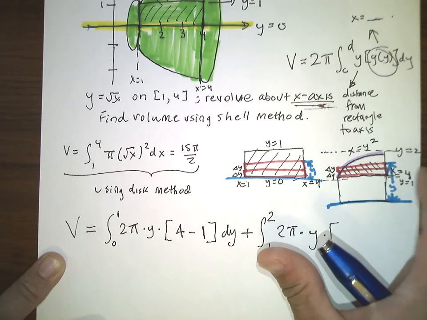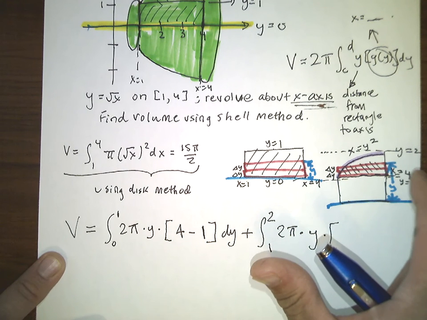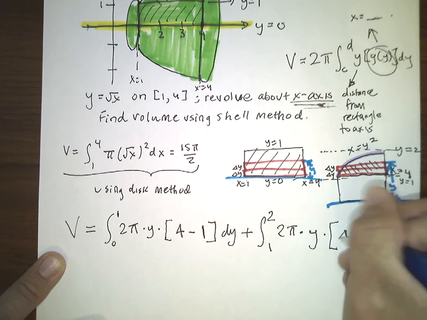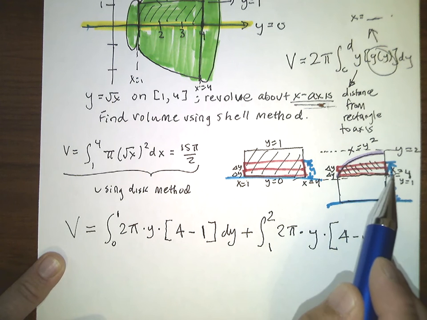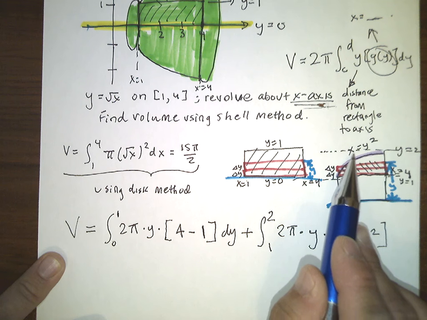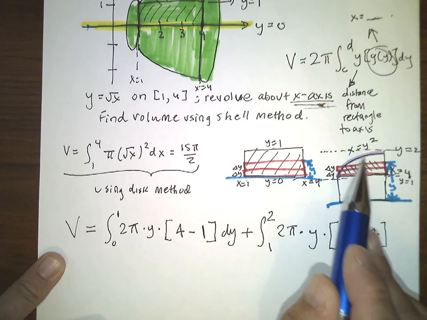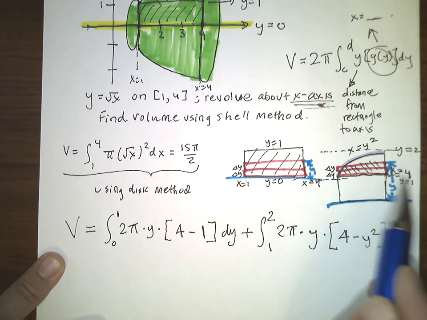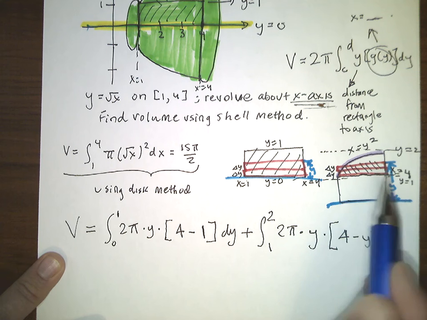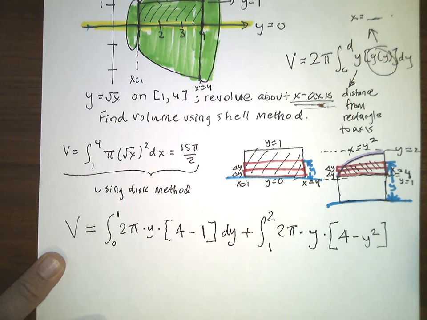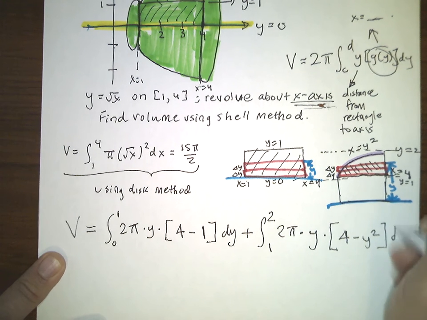The length of this one will be the 4, right, minus the y squared. So we're going from x equals 4 over to x equals y squared, or from x equals y squared really over to x equals 4. But you get the point that you need to subtract those to figure out the length of that rectangle, and then times dy.